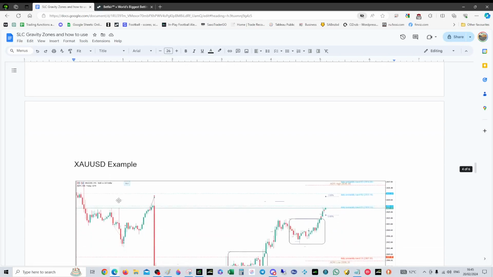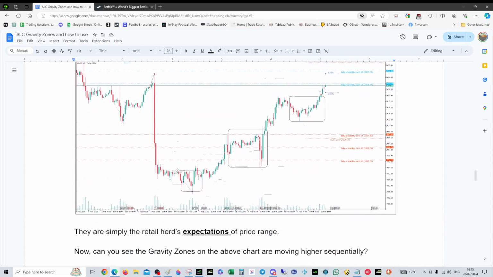Alright, so let's look at gold. Now we can see the stop loss cluster, and we come down, and it looked like it was going to continue to fall, and that's probably part of the trap. And up we come, and we had a new stop loss cluster below and above. They set it at ranges, and you can see how pretty accurate it is.